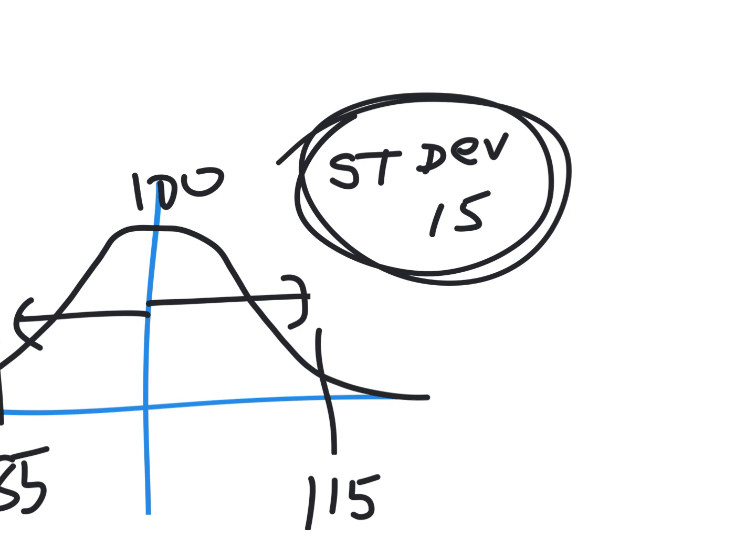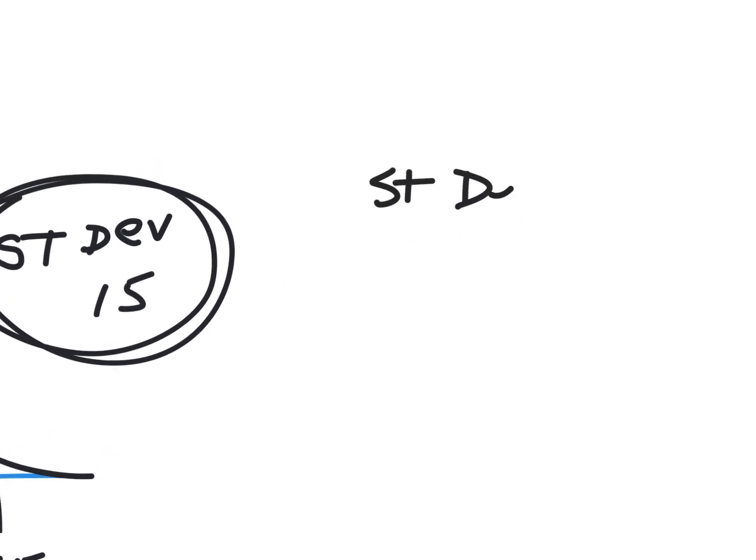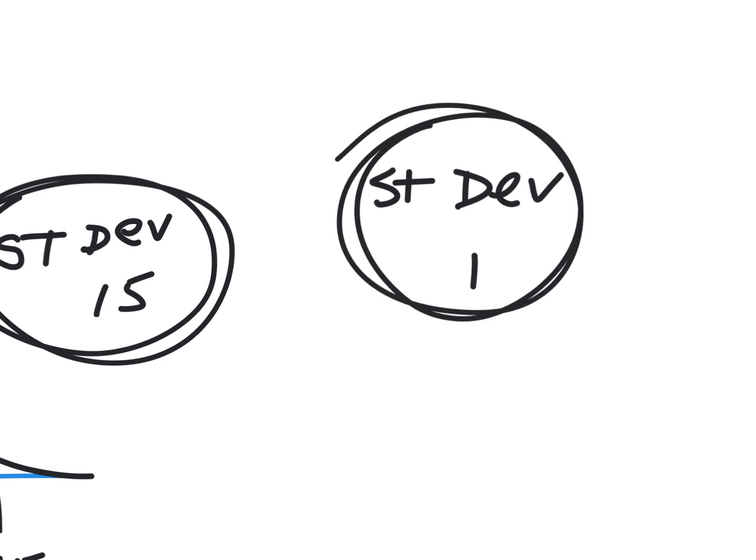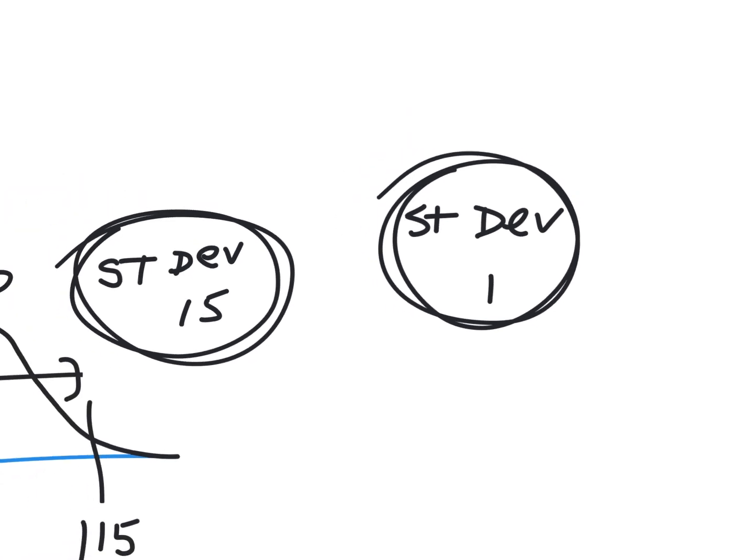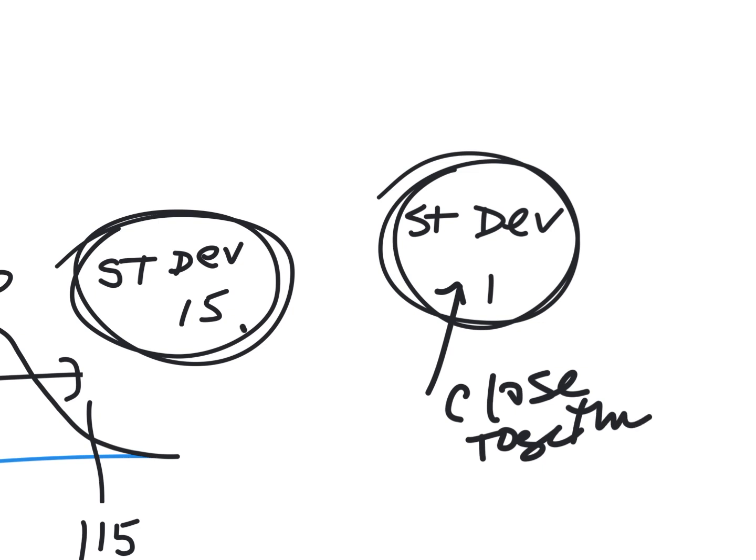That class might have a standard deviation of only 1 because they're all super smart, and therefore they're all clustered really close to that high genius kind of IQ. So this is really close together, and this is more spread out.